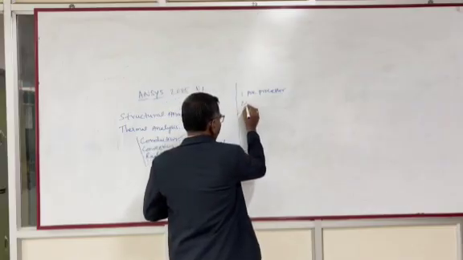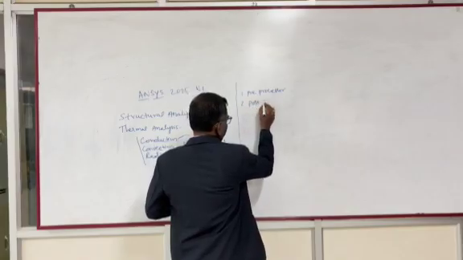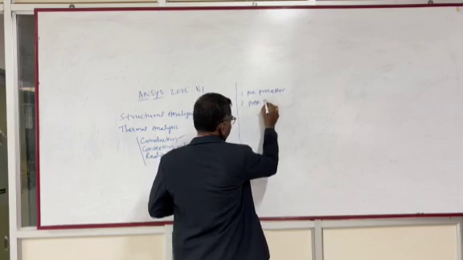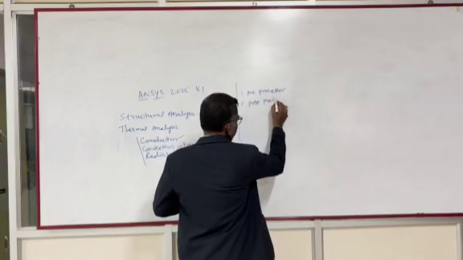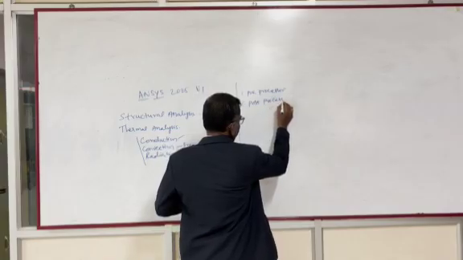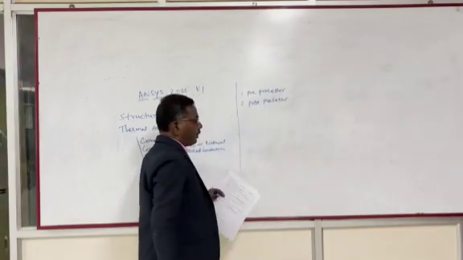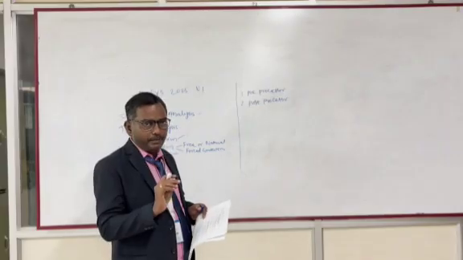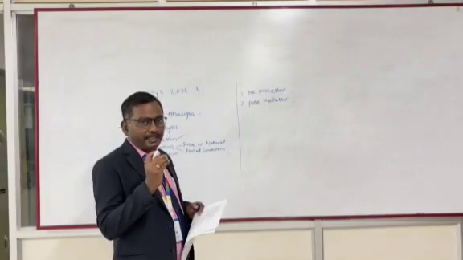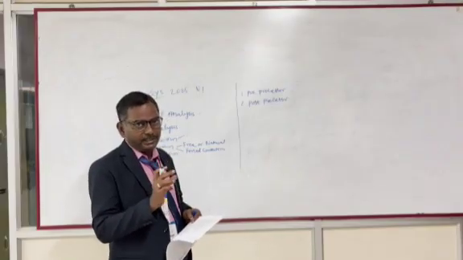Okay. So the second one is post-process. So first one, the pre-process, and the next one is the post-process. In the post-processing step, we are going to give input values. So we are going to assign the boundary conditions.